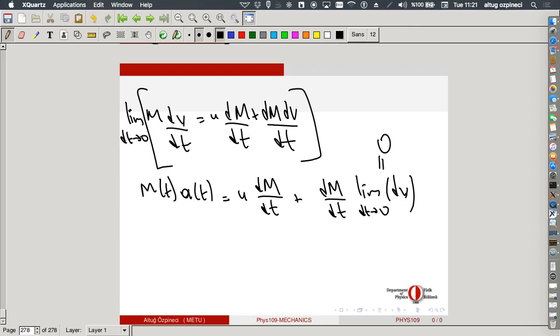It doesn't contribute. Of course, if I'm taking a finite value of dt, then what I write over here, m dv is equal to u dm, is approximate if I keep dt to be a finite number. But this result is exact, because I'm writing it in the limit that the time interval I'm looking at is 0. Yeah, the limit is 0, but not exactly 0.